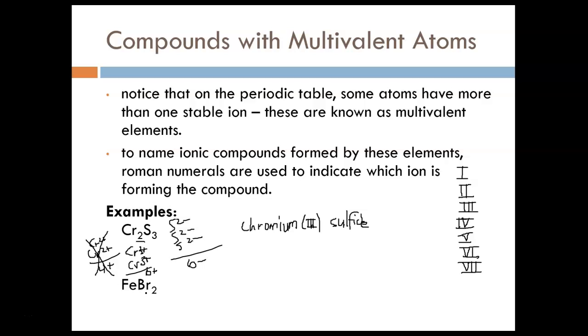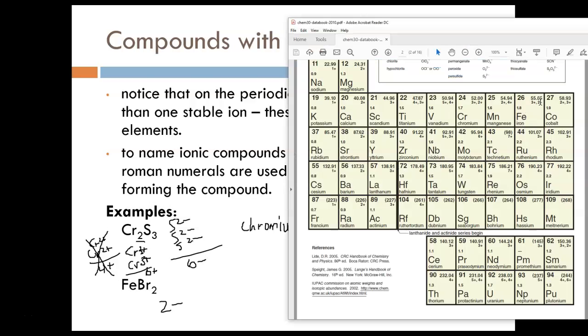Now, the same will be true here for our iron bromide of some sort. We would have to go and look at bromine. We would know that bromine is a 1- ion, but we have 2 of them. So that gives us a total of 2 minuses. So each bromine is 1 minus for a total of 2 minuses. And we only have 1 iron that we can use to cancel that out. So going back to our periodic table and finding iron on here, we have a 3+ version and a 2+ version.